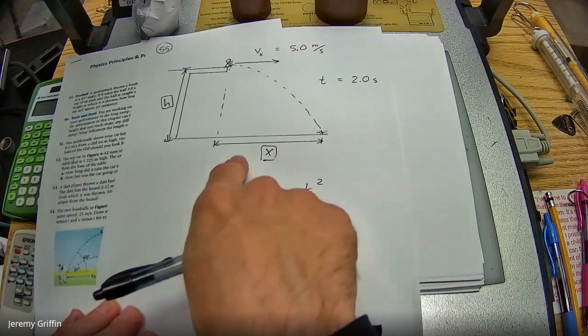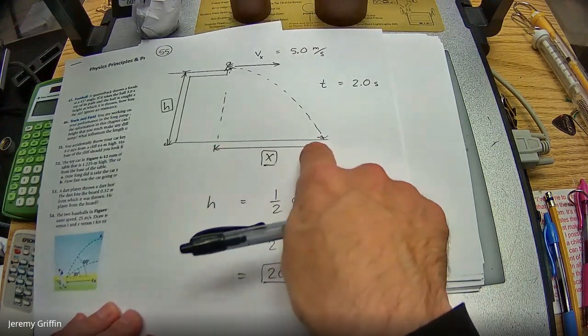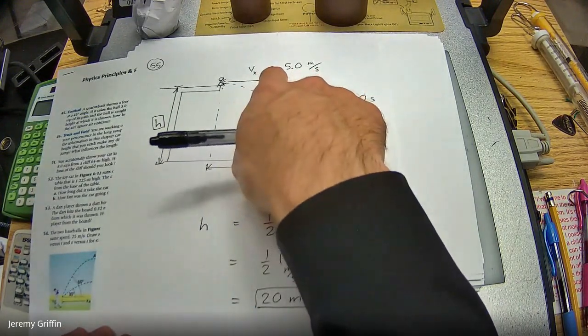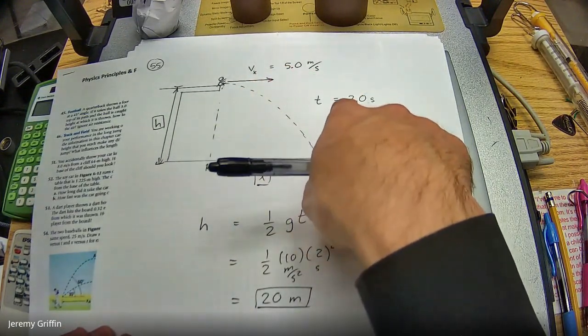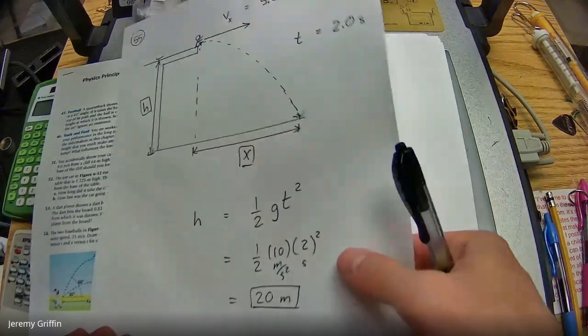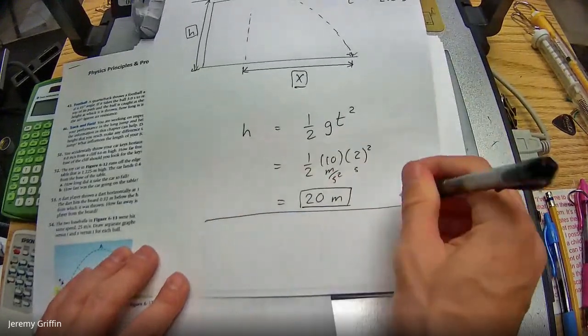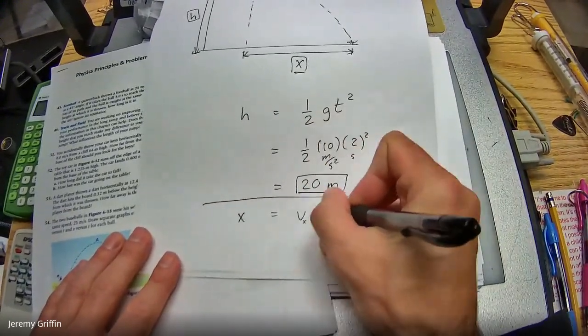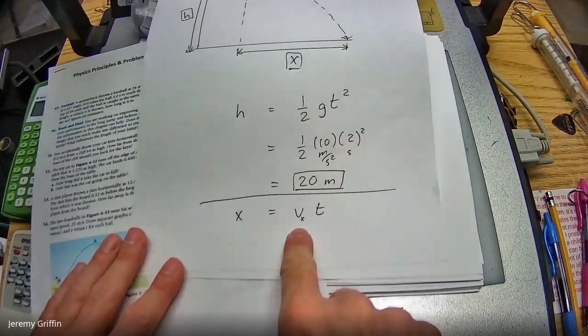The other question was, how far from the base do you land? Well, if you know your running speed and you know the time you were in free fall for, isn't it just this times this? Remember, horizontally, there's only one equation in projectile motion because there's no acceleration horizontally. It's just x equals v t, where v is in the horizontal direction.